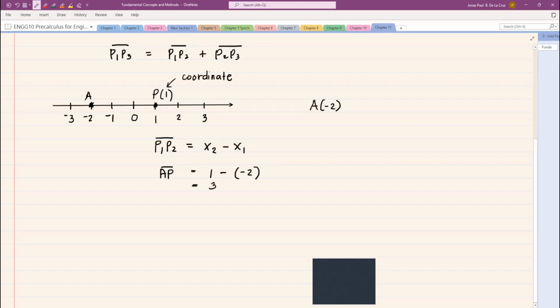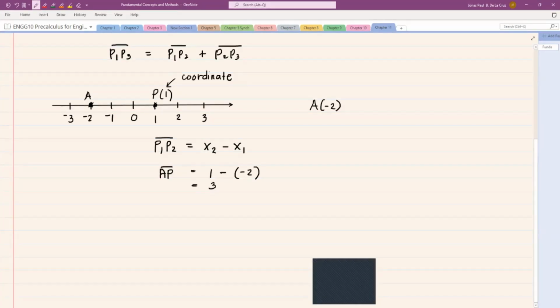The directed distance from point A to point P is positive 3. This is true because we are traveling to the right, so of course its directed distance is positive.